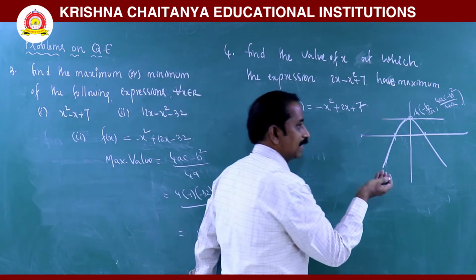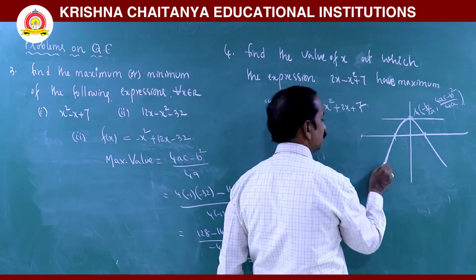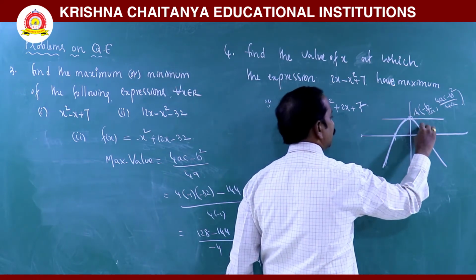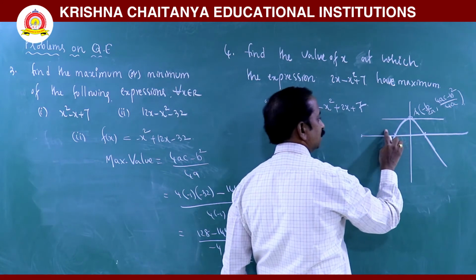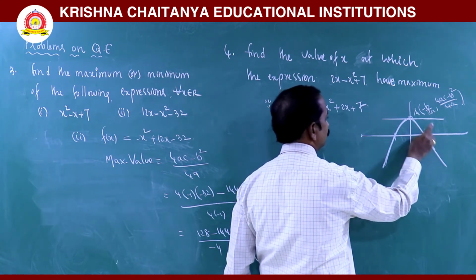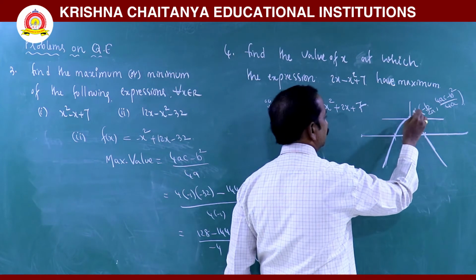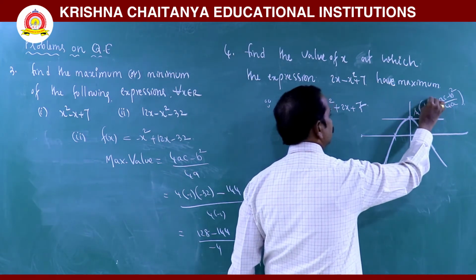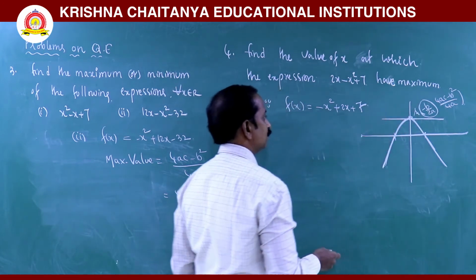Now, is it having a maximum or minimum? Let us observe the curve: it goes from positive to negative, meaning f dash of x is greater than 0, then f dash of x is less than 0. This is called the critical point. At this critical point, x is equal to minus b by 2a, it has a maximum value.